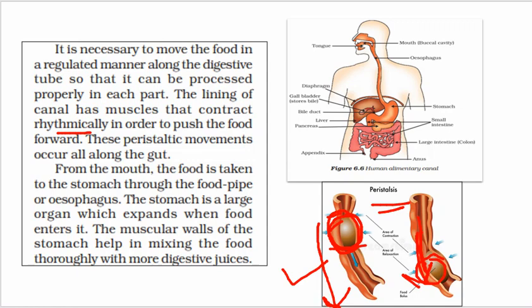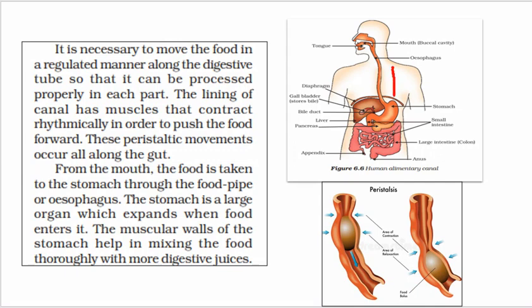Now, by such movement the food moves in a regulated manner along the digestive tube, and then it can be processed properly in each part. The food is taken from the mouth to the stomach.